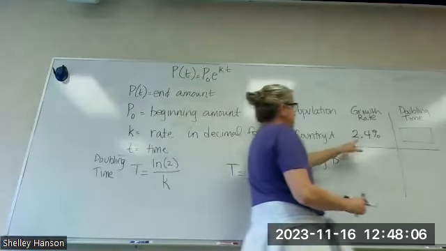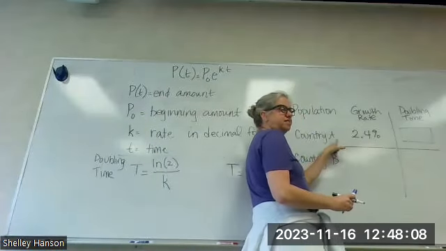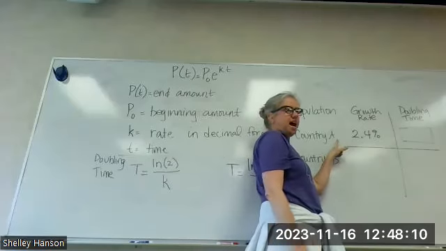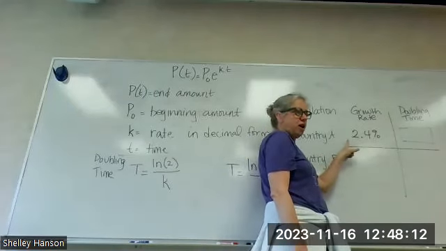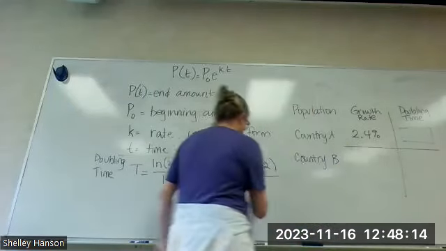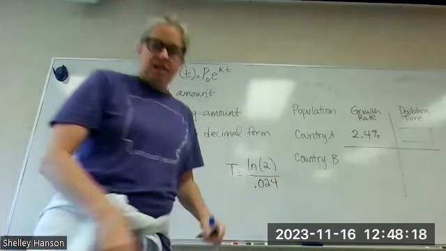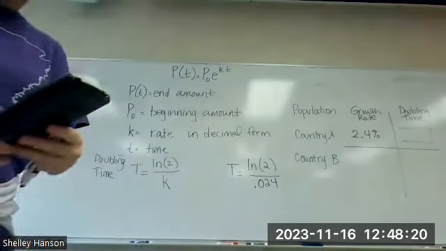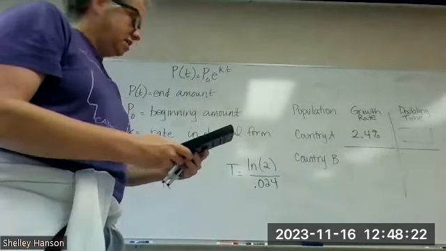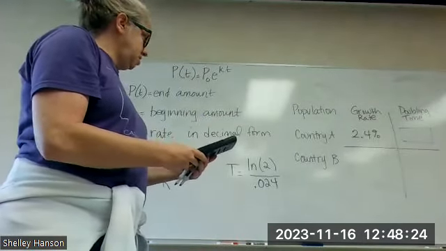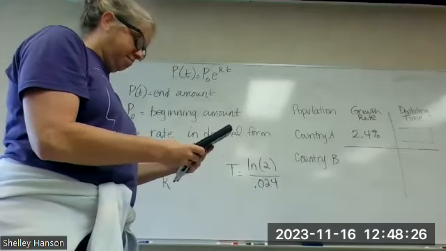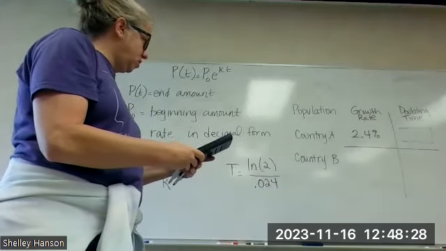So if I move this decimal 2 places to the left, what am I going to have? 0.024. And then put that in your calculator. So ln of 2, close it, enter, and then divide that by 0.024.